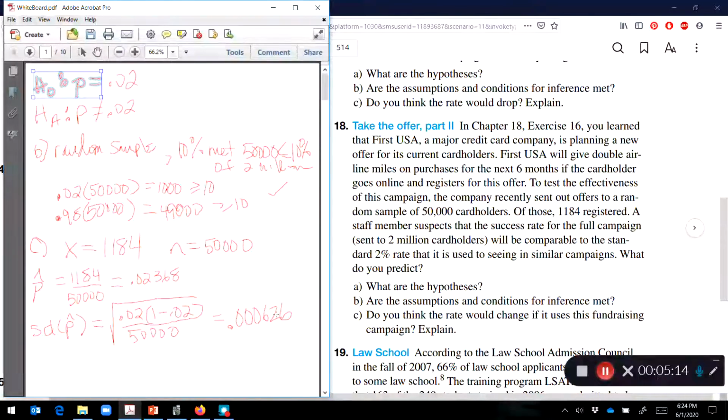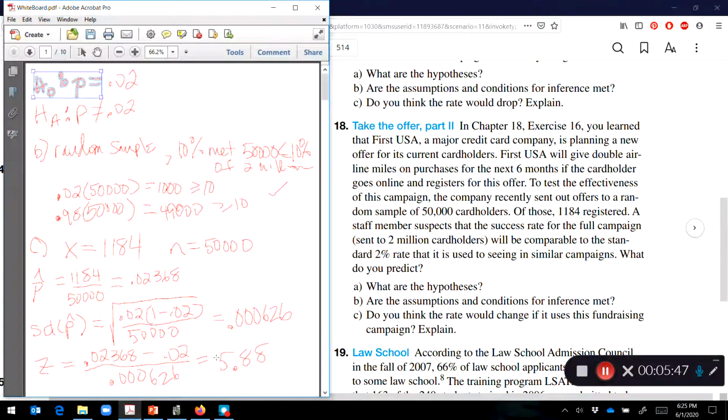Now the z-score is calculated by taking our sample proportion, 0.02368, minus the population proportion we assumed, 0.02, over our standard deviation, 0.000626. That z-score ends up being 5.88.